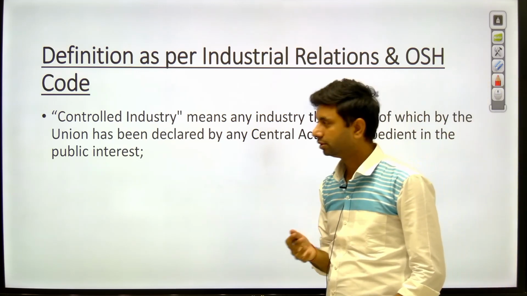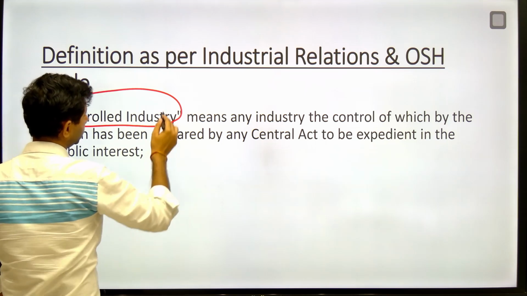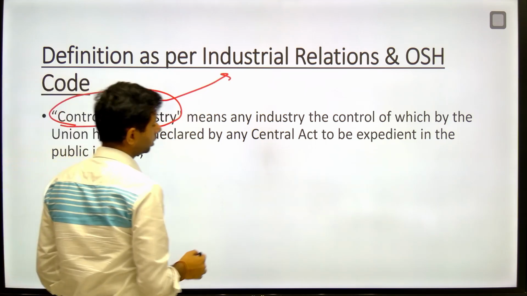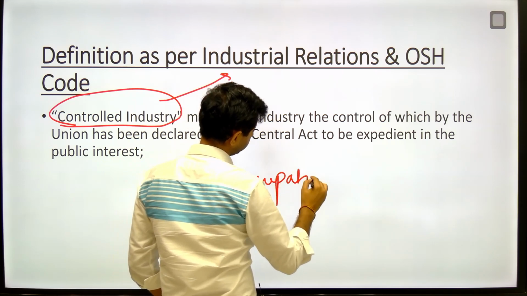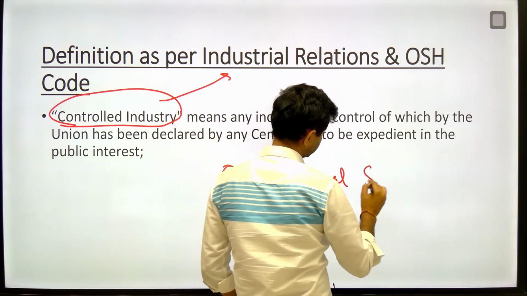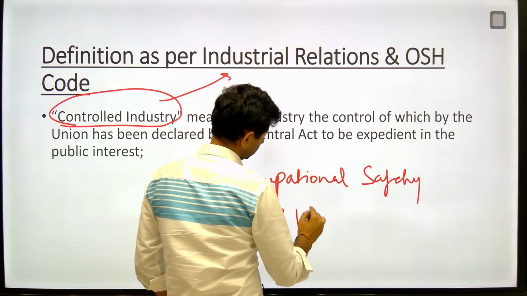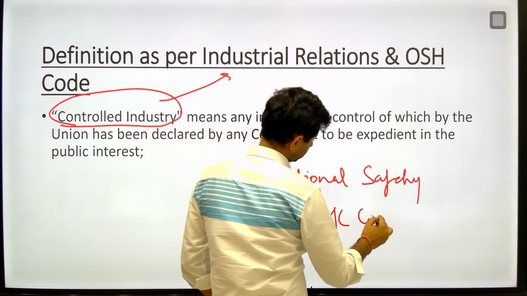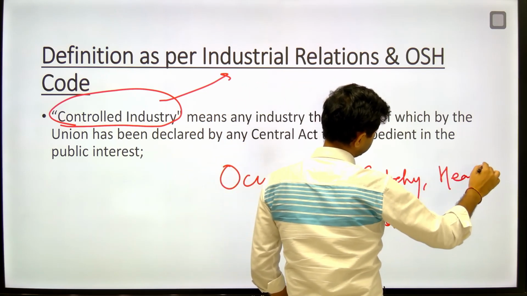So this controlled industry, the definition portion of it is mentioned in the Industrial Relations Code as well as the Code on Occupational Safety, Health and Working Conditions.